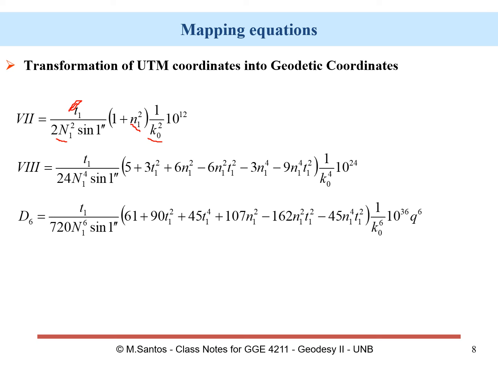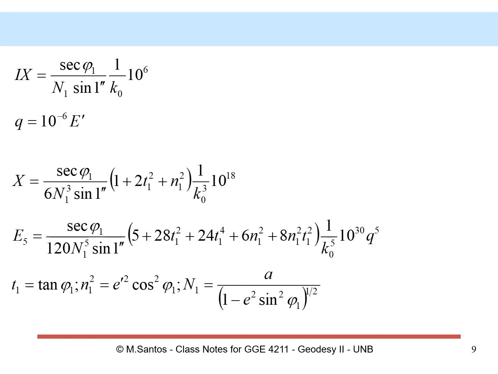So all the terms here are known. This value q has to do with the distance on the mapping plane. Q is 10 to the minus 6 multiplied by E prime. So anyway, we have all the terms here that allow for the transformation.